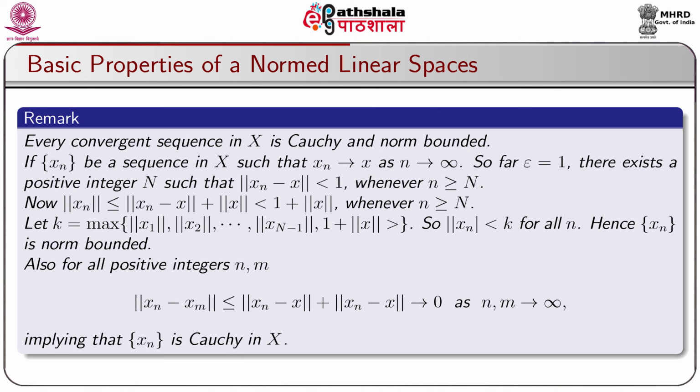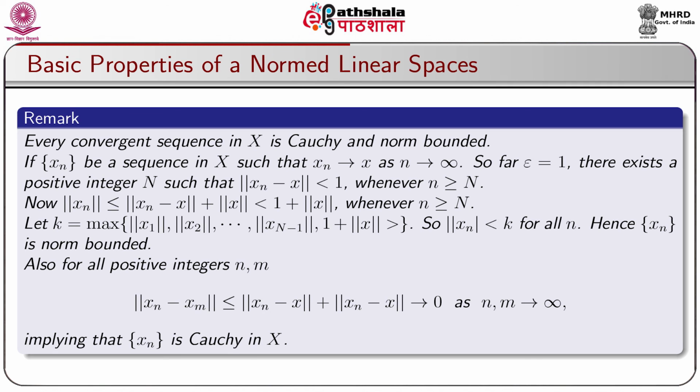This is done by the triangle inequality, and this is less than 1 plus norm of x whenever n is greater than or equal to N. Let k be the maximum of norm of x1, norm of x2, up to norm of x_{N-1}, and 1 plus norm of x. So, norm of xn is less than or equal to k for all n. We can consider such a maximum because this set is a finite set and every finite set has a maximum. Hence the sequence xn is bounded.